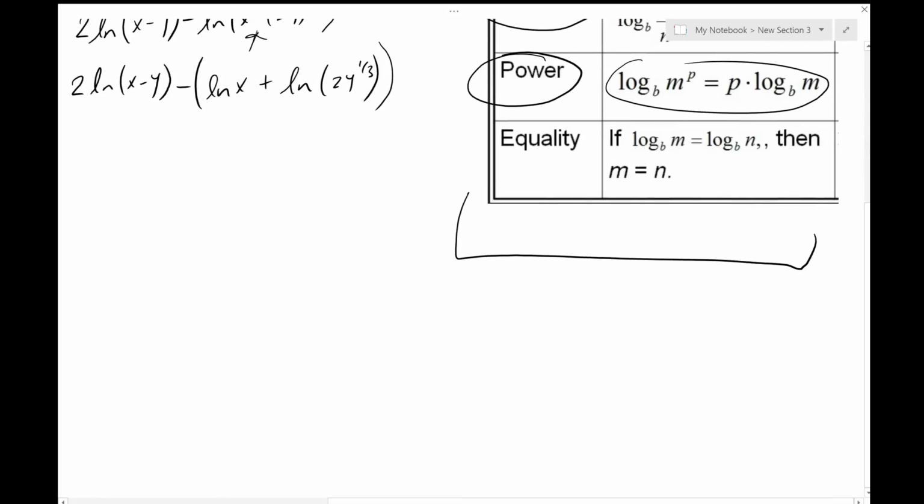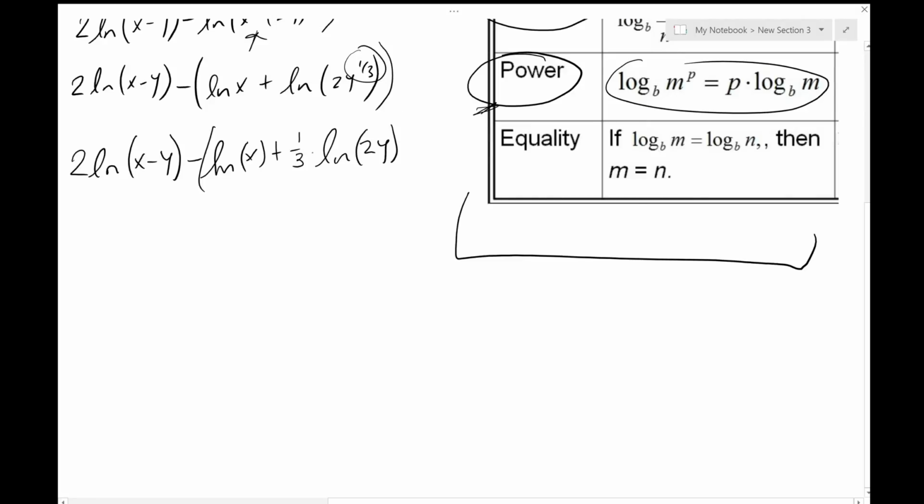And finally, I can actually break this up even more because of the power. Going off of the power rule again, I get 2 times the natural log of x minus y minus the natural log of x plus 1/3 times the natural log of 2y.